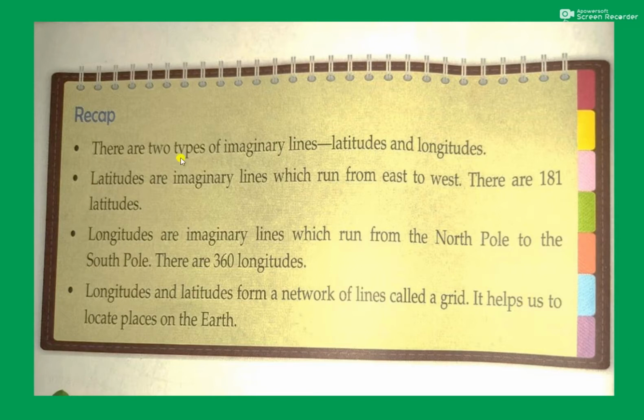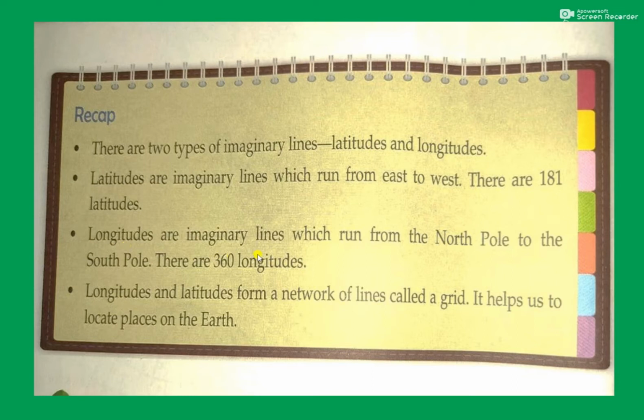Let's recap. There are two types of imaginary lines, latitudes and longitudes. Children, I have told you that there are many more imaginary lines, but these two are the very important ones. So that's why it is written over here, two types of imaginary lines. Latitudes are imaginary lines which run from east to west. There are 181 latitudes.